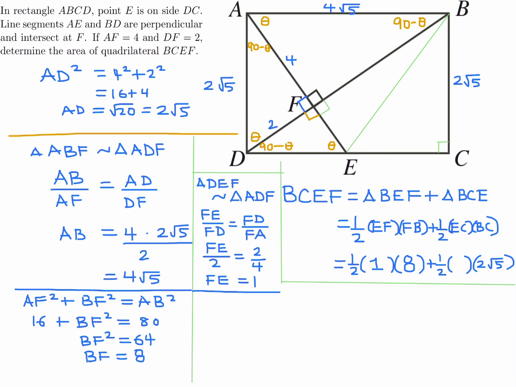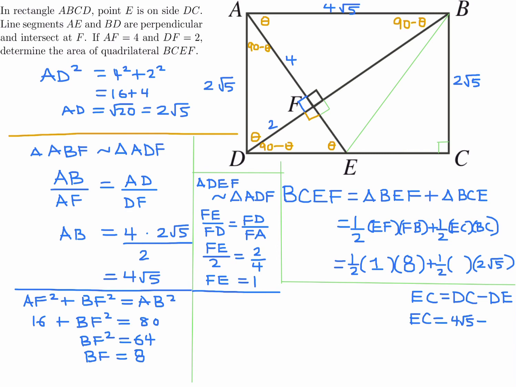Well, to get EC, what I can do is first figure out the entire length, which is DC. And then from that, I can subtract DE. Now the good news is DC is the same as AB, so DC is 4 root 5. So if I can get DE, then I'll be able to get EC, and then I'm done. Okay, so DE, how do I get that?